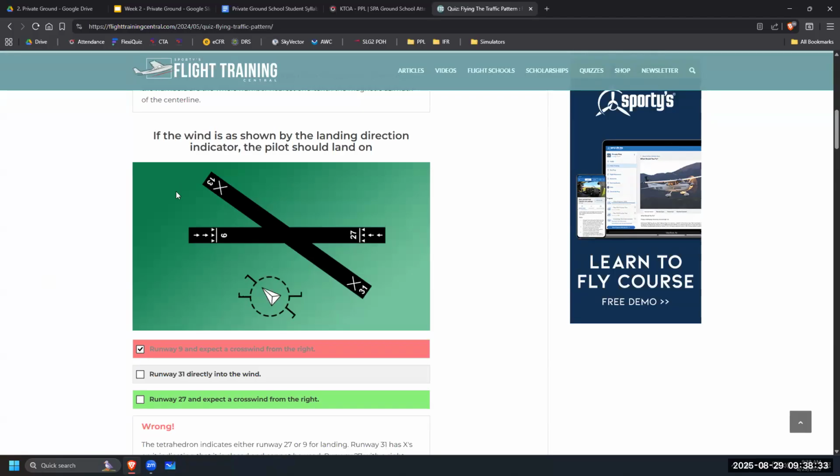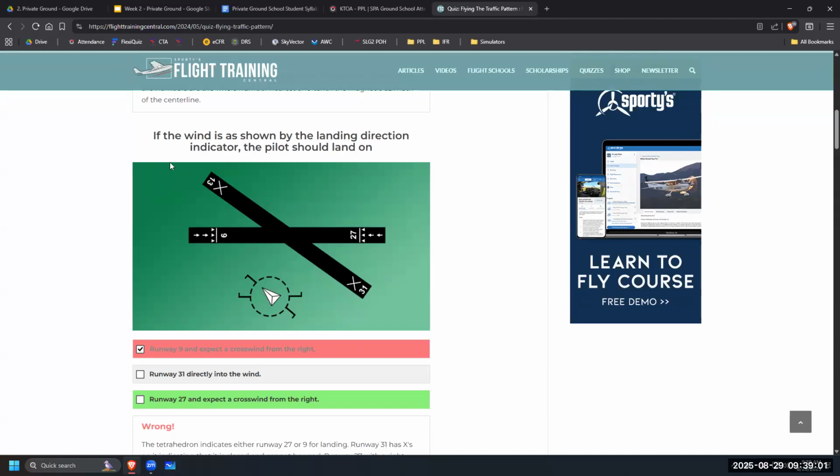So the wind is coming from over here, which means it's blowing this way from the northwest. I think it's called a tetrahedron, whatever it is. This triangle indicator, the top is pointing to where the wind's coming from. So it's not blowing from here like the windsock, it's pointing over here.